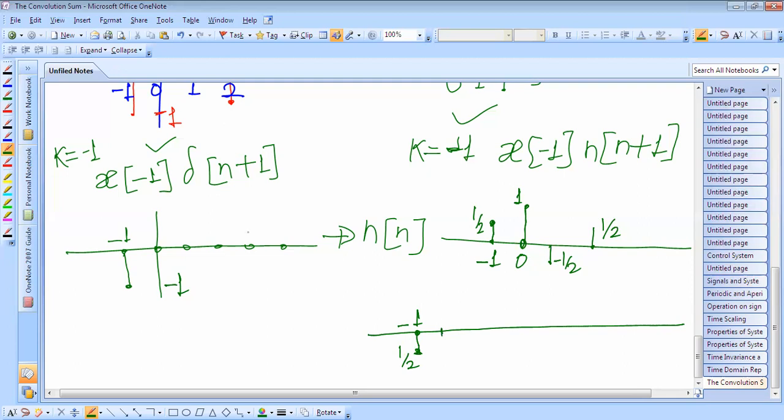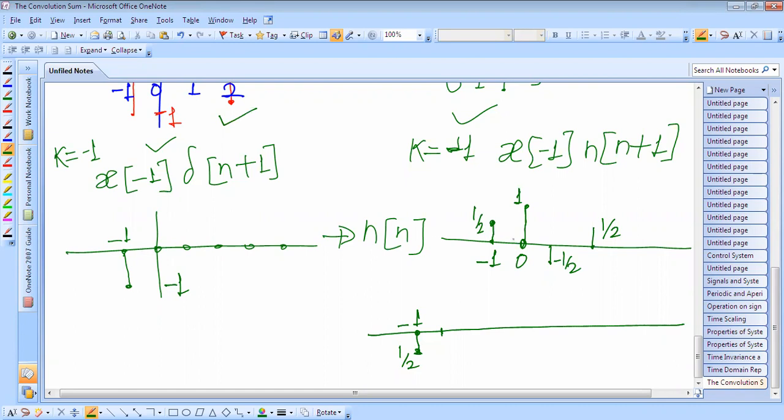It is at 0. What is the input? What was the value at 0? It is a half. At 0, if you see the given original signal, this is the given original signal, it is a half. So at this value it is 0.